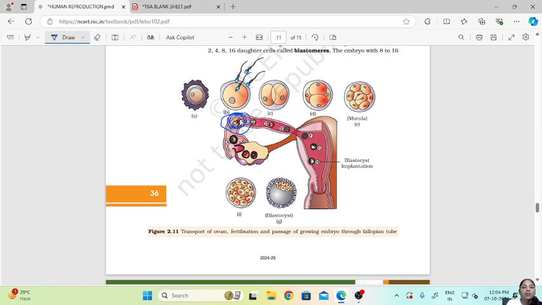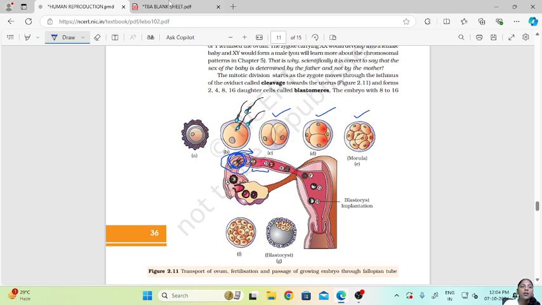Then this fertilized zygote will move in this direction and start to divide. 2-celled, 4-celled and 8-celled blastomeres will be formed.